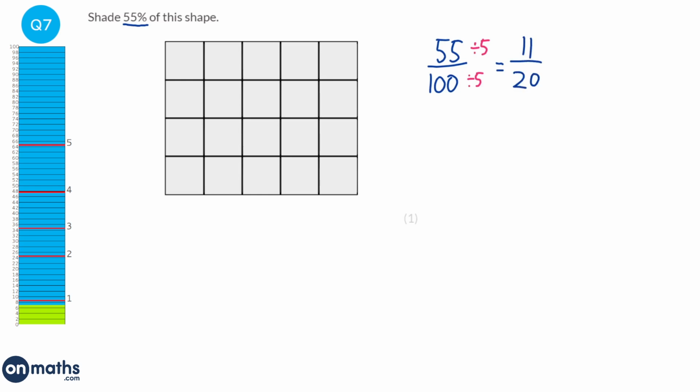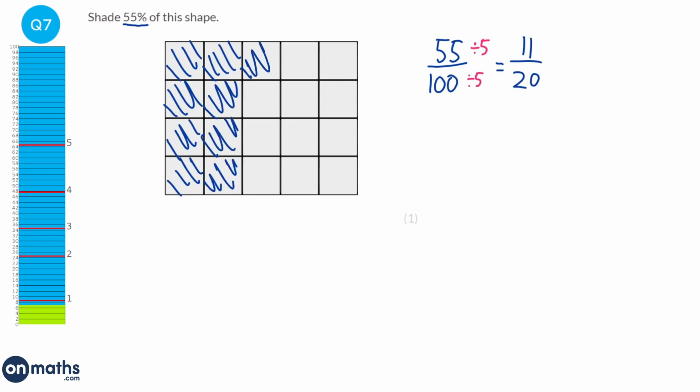Now in total there are 20 squares here because there are 5 across and 4 down. 5 times 4 is 20, and if we're looking to shade in 11/20ths, it's just going to be 11 squares. So 1, 2, 3, 4, 5, 6, 7, 8, 9, 10, 11.